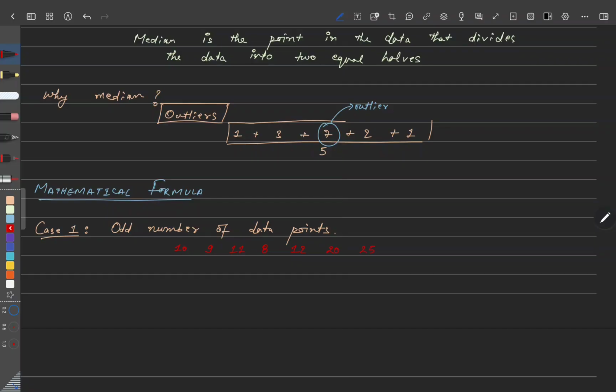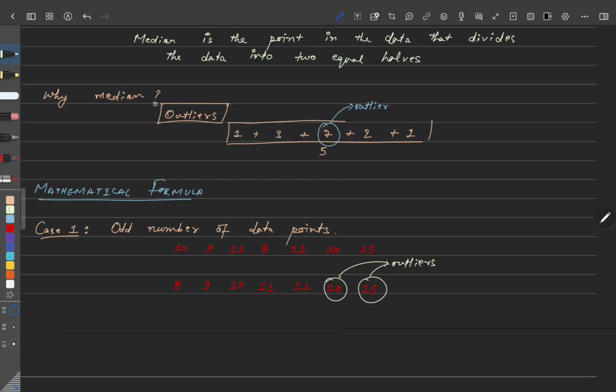Let us first sort these numbers, and the sorted set would be 8, 9, 10, 11, 12, 20, 25. Now this 20, 25 are outliers, we can see that clearly.